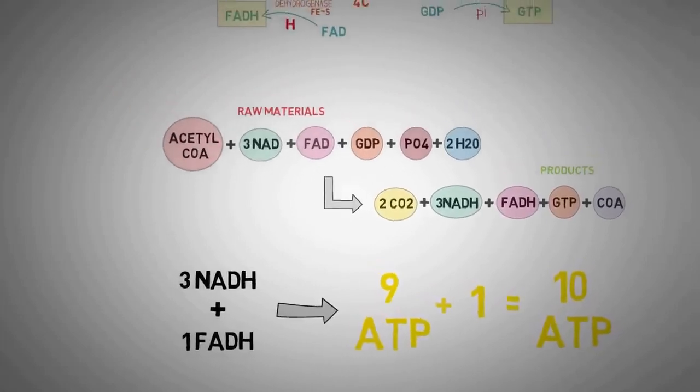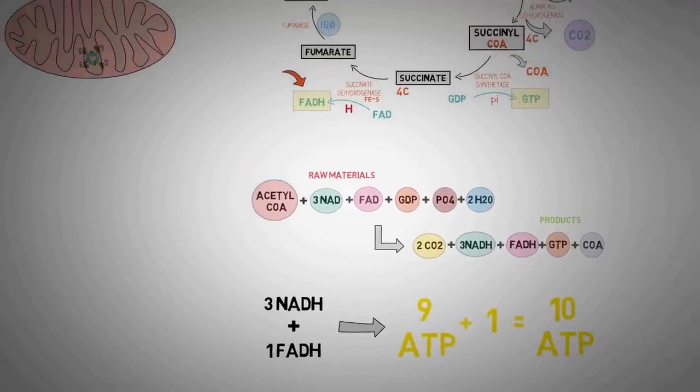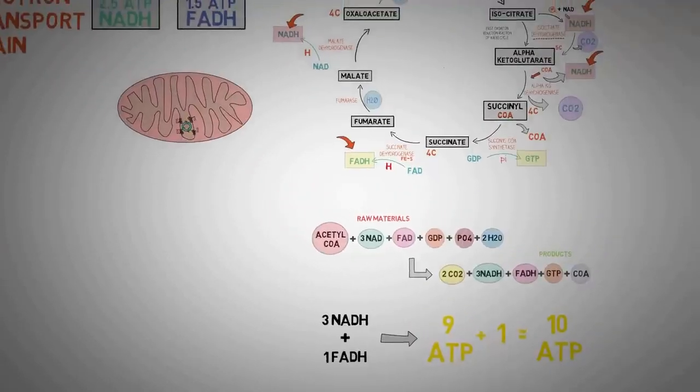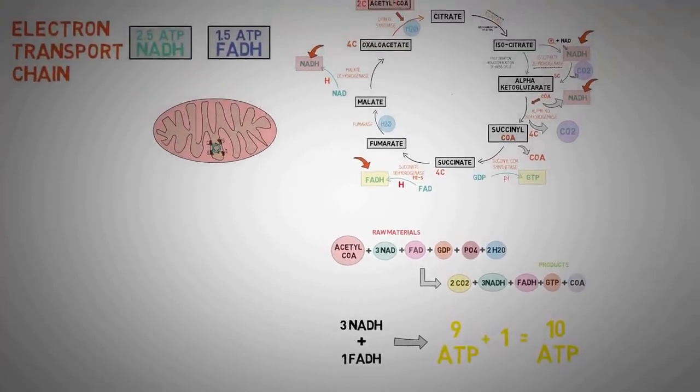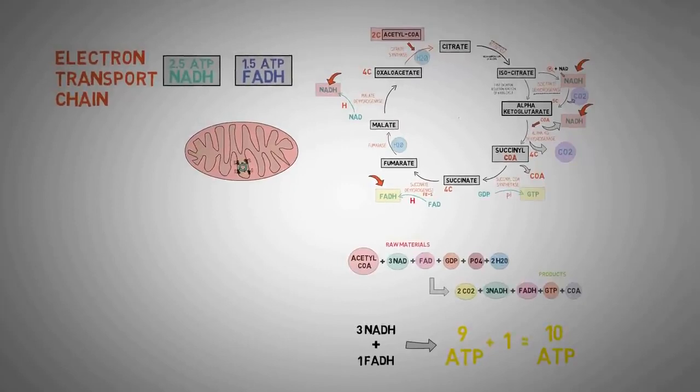Thus, one acetyl-CoA unit generates approximately 10 molecules of ATP through one turn of the Krebs cycle. Since previously in glycolysis, one glucose was split into 2 pyruvate, which were further converted into 2 acetyl-CoA molecules, which entered the Krebs cycle, 20 ATPs are produced per molecule of glucose in the Krebs cycle.